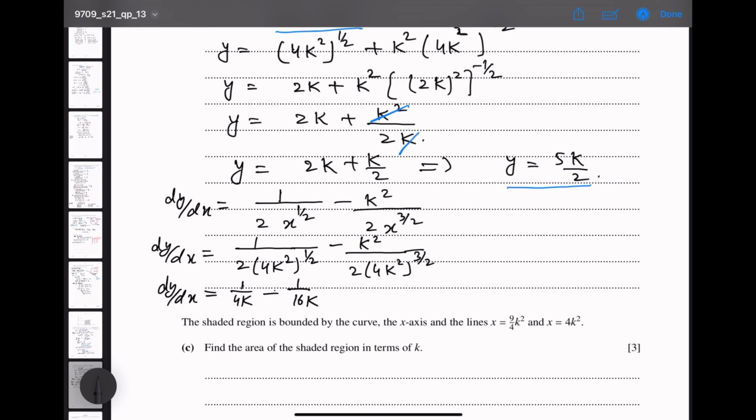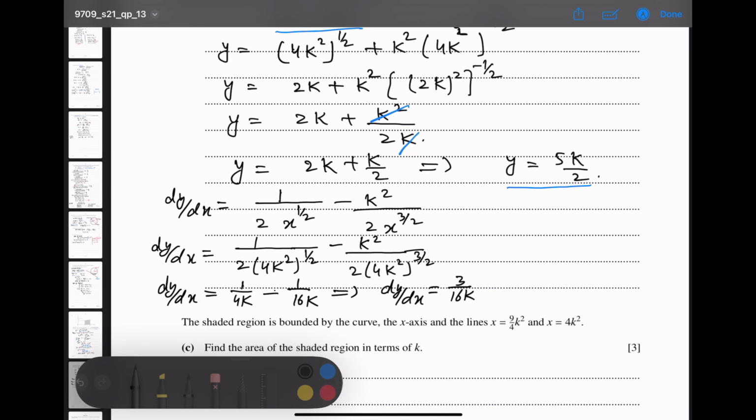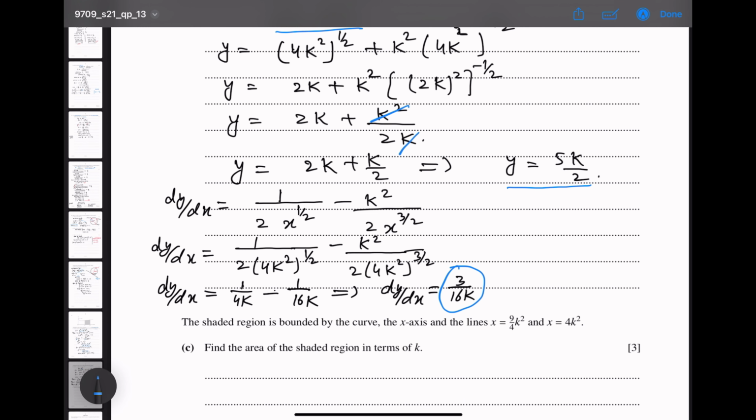So simplifying it, we get dy over dx is equal to 3 over 16k. Now the gradient is also, we have found this is the gradient, these are the points.